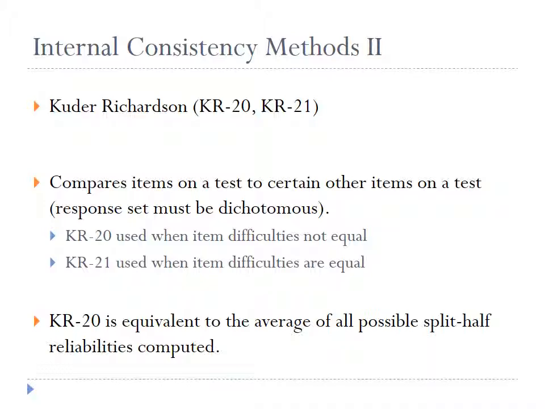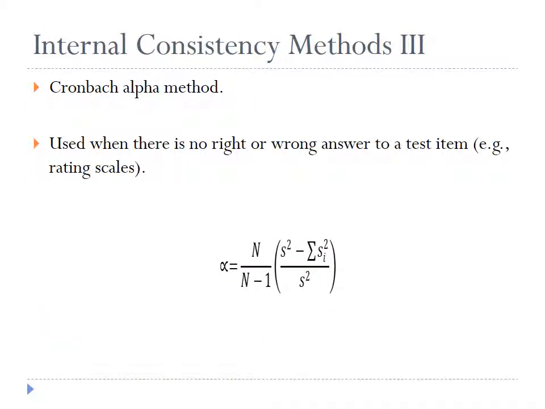In other words, some questions are easier than others. When all the questions are the same in terms of difficulty, the KR21 is used. Again, we're not going to get too much into the calculations, but there are formulas that you'll see.